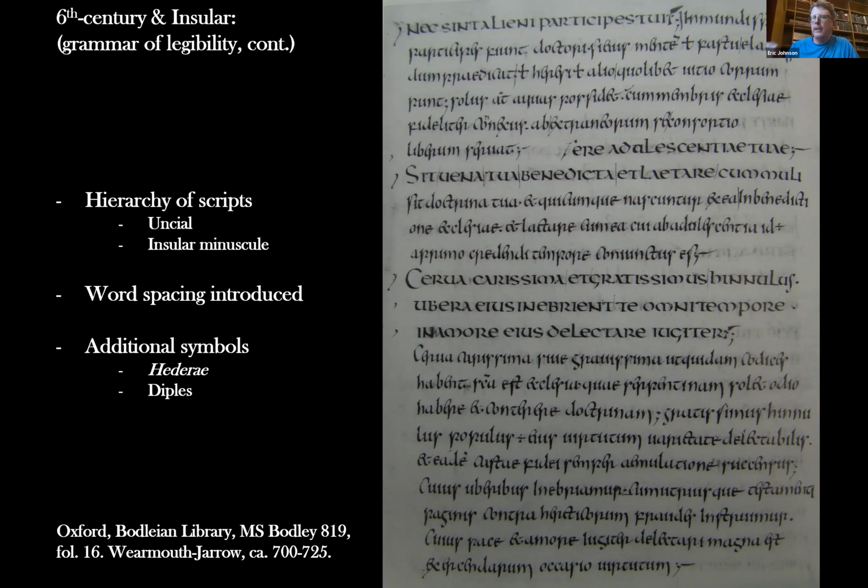And then the insular minuscule that you see is the actual commentary or the added, in quotes, original text that has been added to this manuscript. Another thing that we see here is pronounced word separation. Whether we're looking at the uncial or the insular minuscule, you're seeing distinct word separation. So we're starting to see this grammar of legibility where, just looking at this page, we have these various visual elements working together to impose meaning.